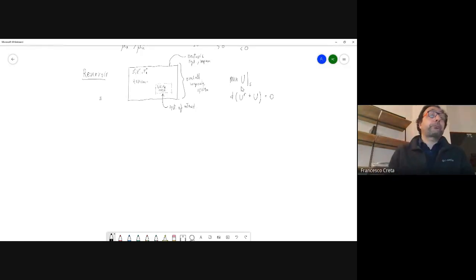And this is where we define this kind of trick approach, which involves the reservoir.